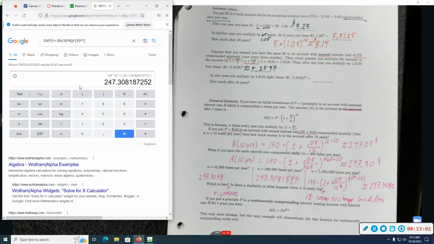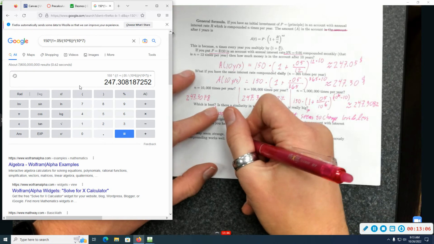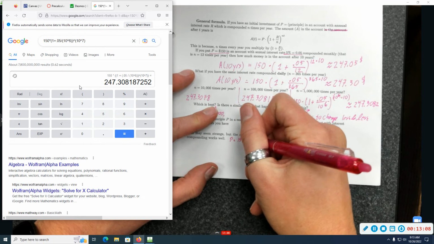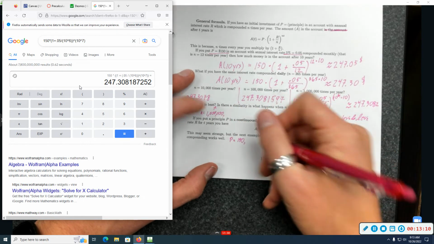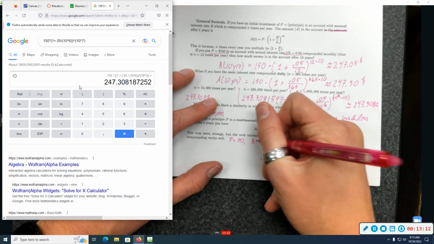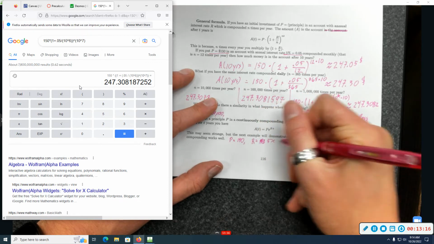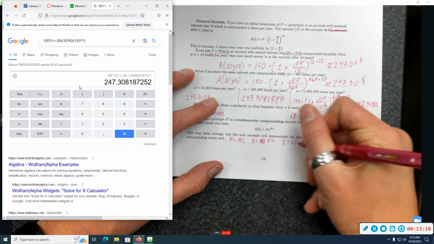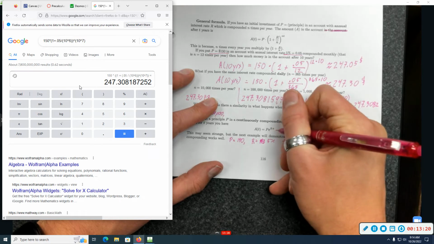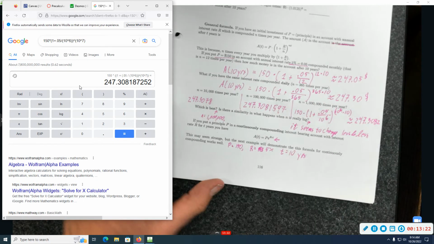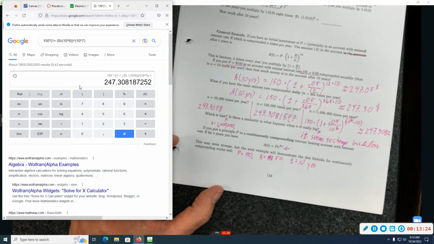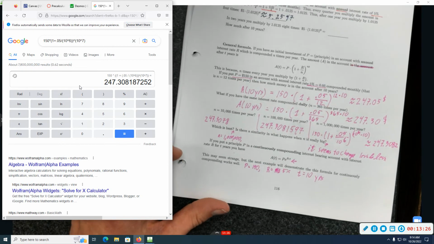So let's take this exact thing. If we have an initial investment of 150, an interest rate of 5%, and time equals 10 years, and plug that into this formula, what do you wind up with? Well, let's do it.